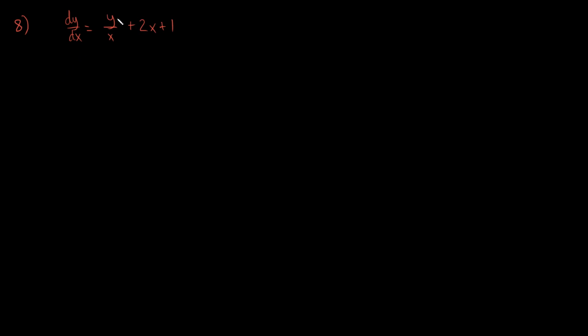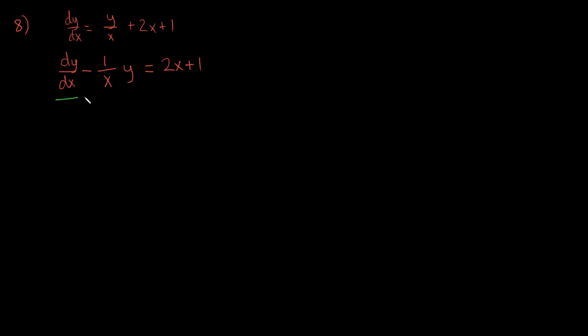So, if we subtract y divided by x, we get dy/dx minus, and now we can write this as a function of x, 1 divided by x, times y equals this pure function of x, 2x plus 1. So we have our y prime with coefficient of 1. Okay, that's good. Check.